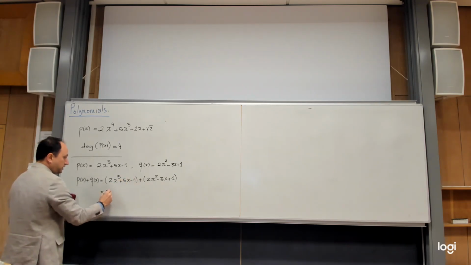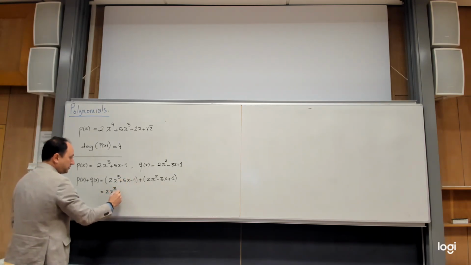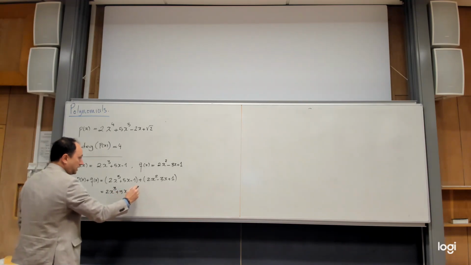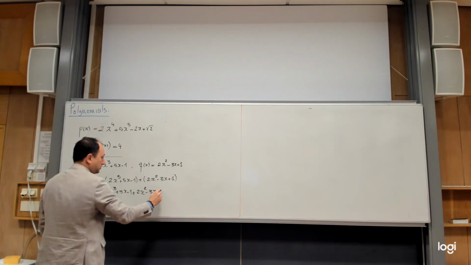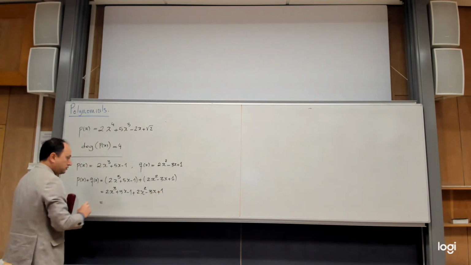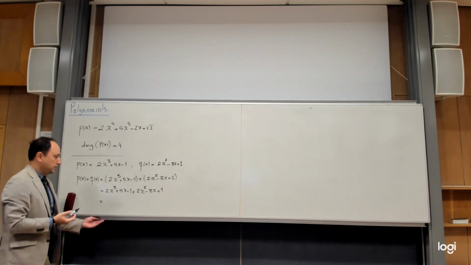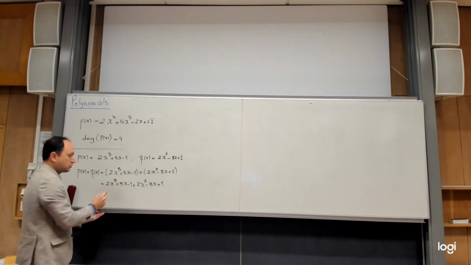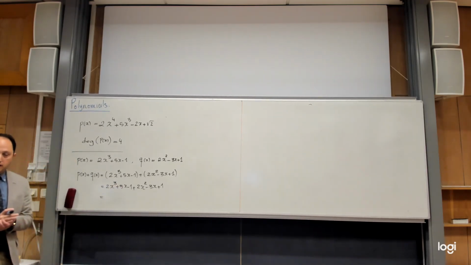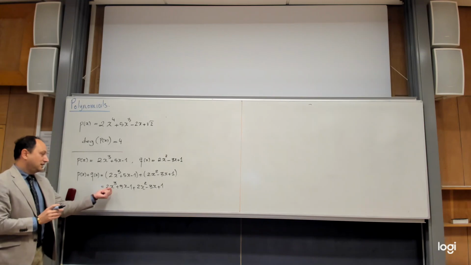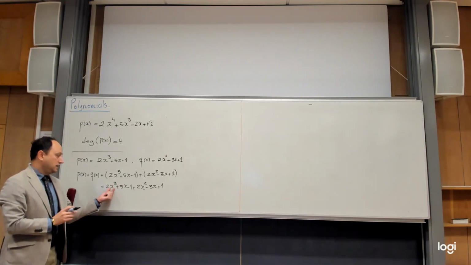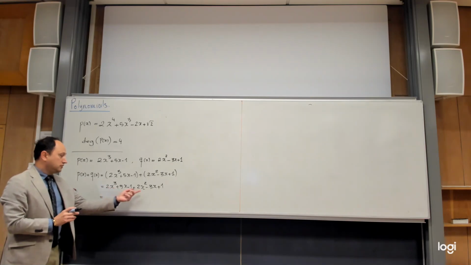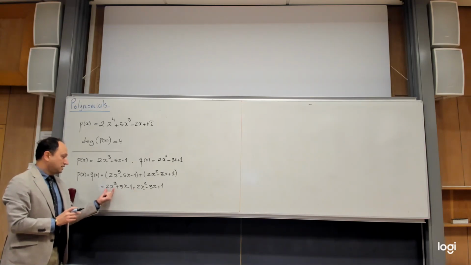It becomes 2x cubed plus 5x minus 1, then 2x squared minus 3x plus 1. And then what I have to do, you remember what we are supposed to do, yes? There are some terms that are called similar terms, the terms that have exactly identical letter part. Here the letter part is x to the 3, but I do not have any other terms with x to the 3, so that is alone.